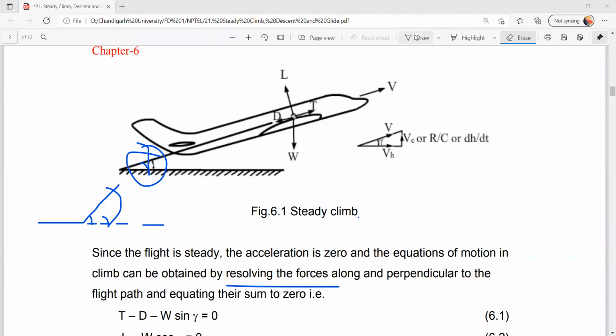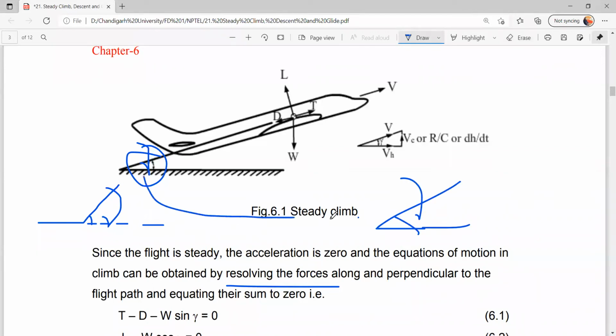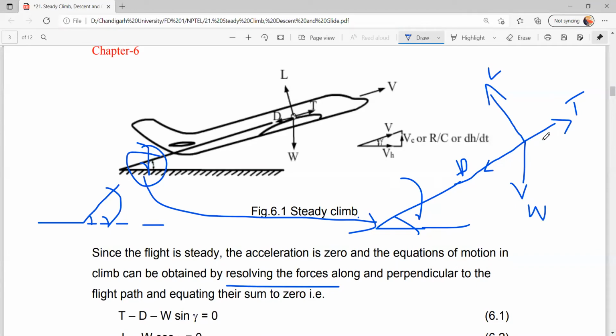So how are we going to do this? Gamma is here, right? So this is what I am writing. Weight is acting downward, thrust is acting along the direction, and drag is acting just in the opposite. Lift is perpendicular to the drag force. This is how the aircraft forces are going to be acting when we are climbing. I am taking two reference axes: one which is perpendicular to weight, and another which is perpendicular to the thrust.